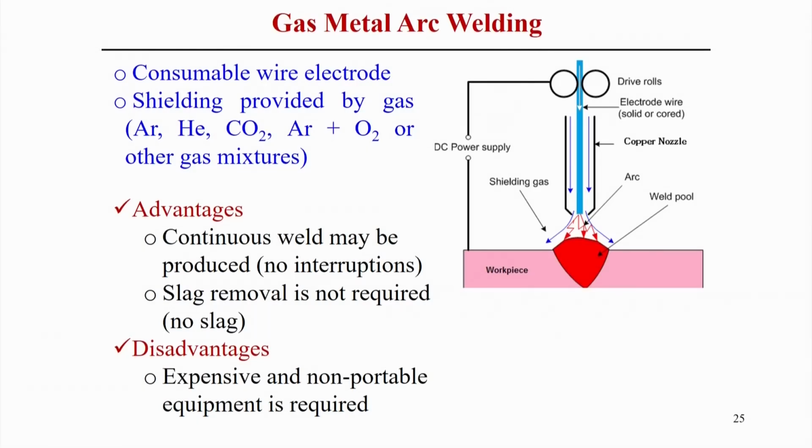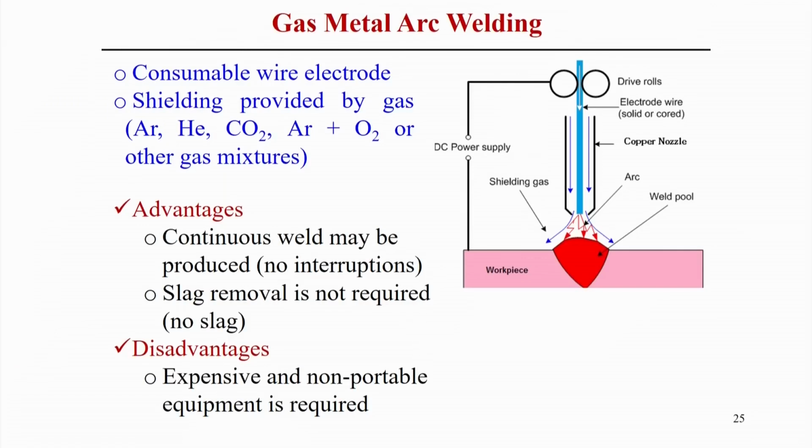The electrode is a continuous wire, wound elsewhere, and it is supplied externally and separately to the process continuously. So, in that sense we can say that it is a continuous process as compared to the shielded metal arc welding process.